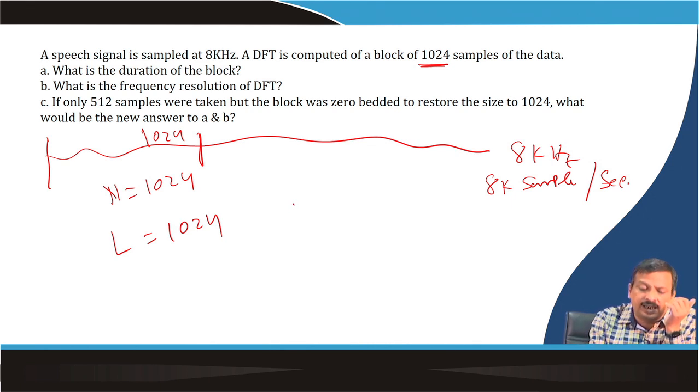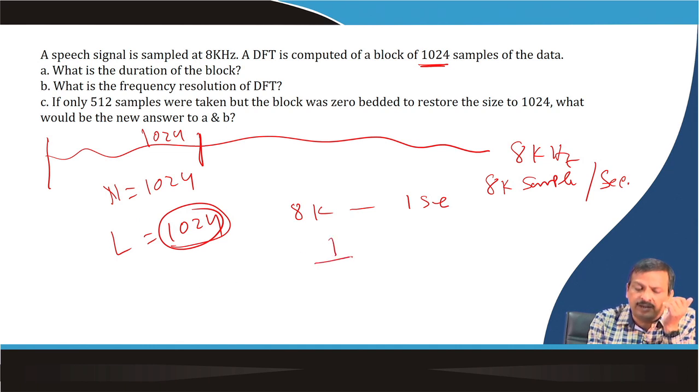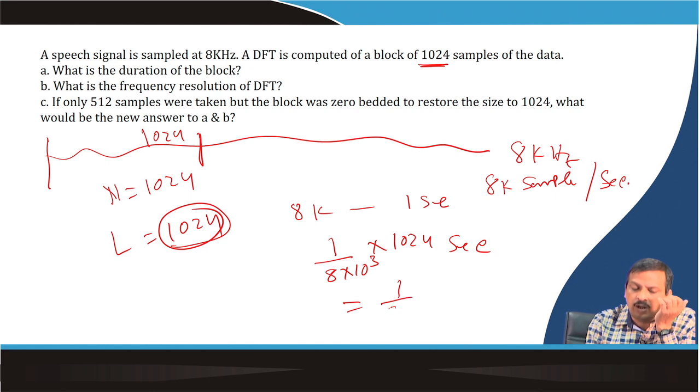So, 8K samples in 1 second. So, this number of samples is how many seconds? So, I can say 1 by 8 into 10 to the power 3 into 1024 seconds. That is the duration. If I convert it into milliseconds, 1 by 8 into 10 to the power 3 into 1024 into 10 to the power 3 milliseconds.